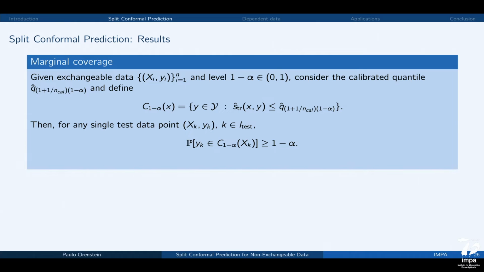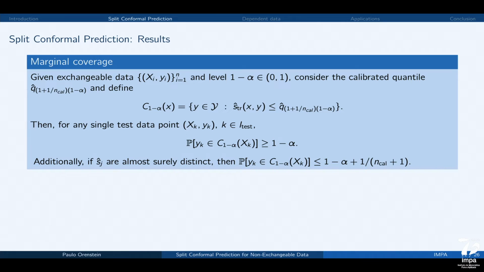So this gives us a lower bound. And if the s hat j's are almost surely distinct, I also have an upper bound. I want to give you a sketch of this proof, so it's clear. It seems very magical, at least it seemed so to me, because honestly, there are almost no hypotheses here. So it's pretty weird.